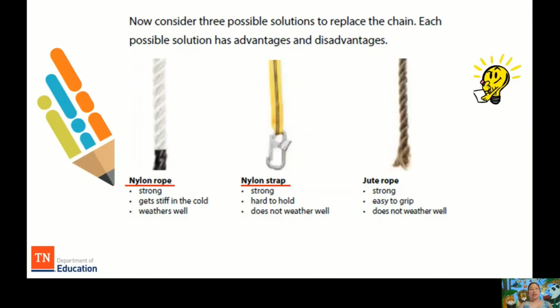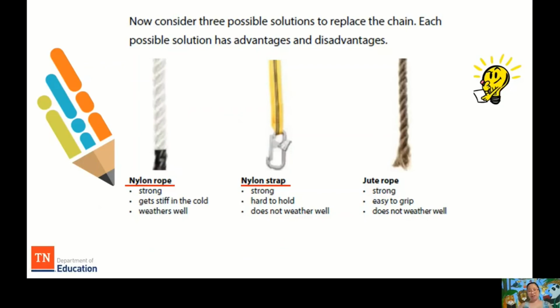Let's look at the nylon strap. Now I notice that both of these first 2 solutions use nylon, but this first one is in the shape of a rope, and this one's more a flat strap. So the nylon strap is strong. It's hard to hold.